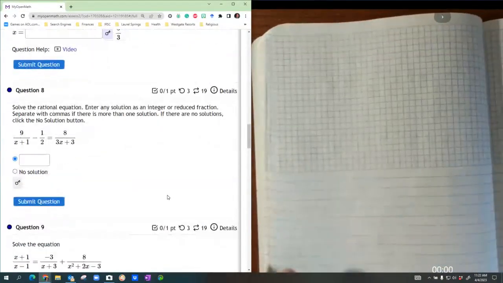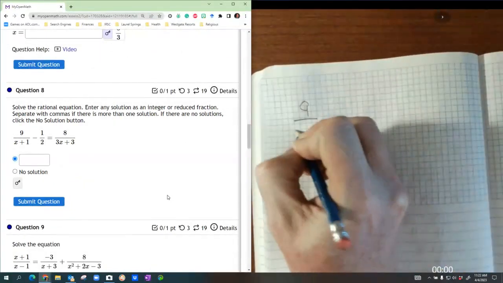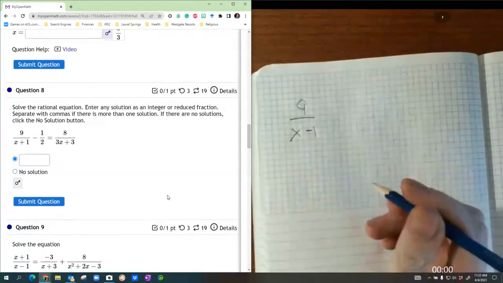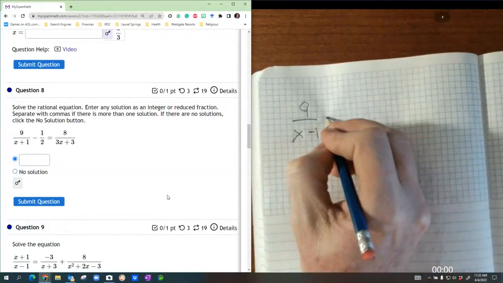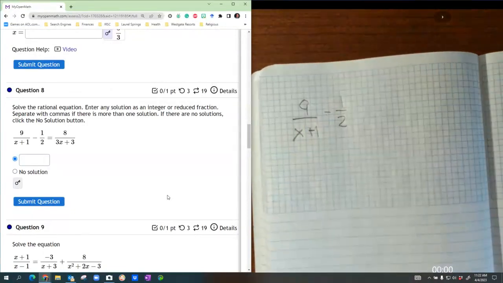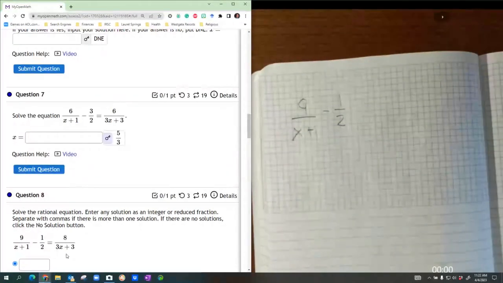All right, now I go ahead and check this. And now what I realize is that I better make sure, okay, this one looks exactly the same as the other one. They changed up the numbers on the top.